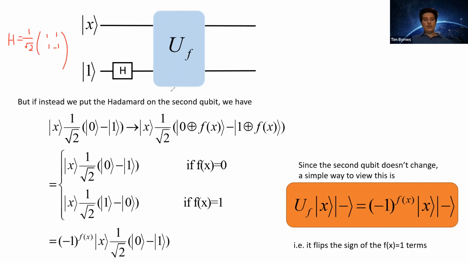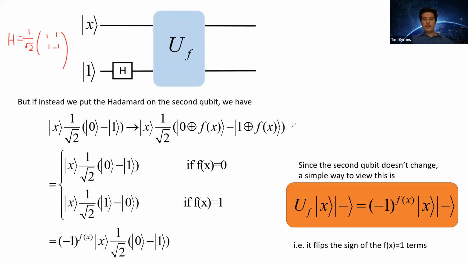For the case where it's x, there are two terms here, x0 and x1. For the first term, because this is 0, 0 plus f of x is what you're going to end up with. And over here, it's going to be 1 plus f of x.